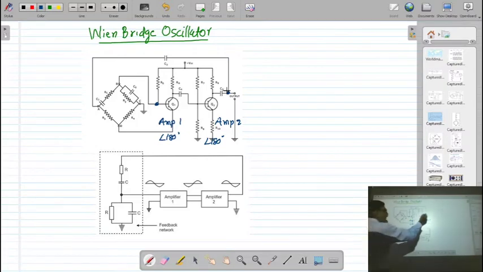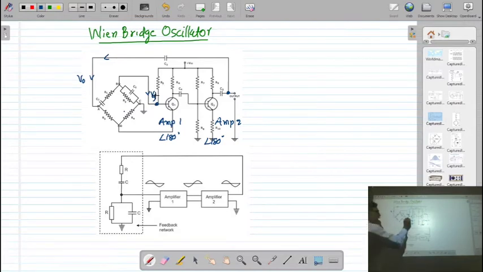Now this output voltage is connected to a Wien bridge. So this output voltage is applied to this Wien bridge, and the output voltage of the Wien bridge is working as an input voltage for the amplifier, or you can say it is my feedback voltage.